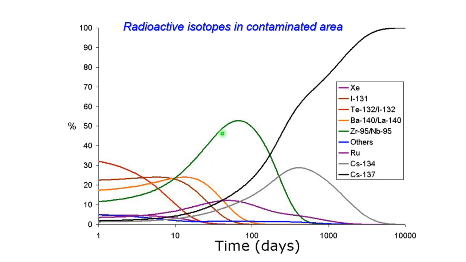Others are longer-living, like barium and zirconium isotopes that survive around 100 days and then decay.